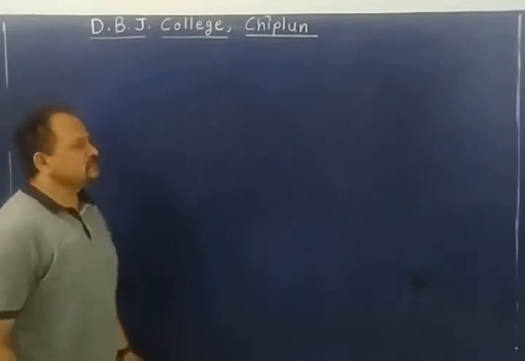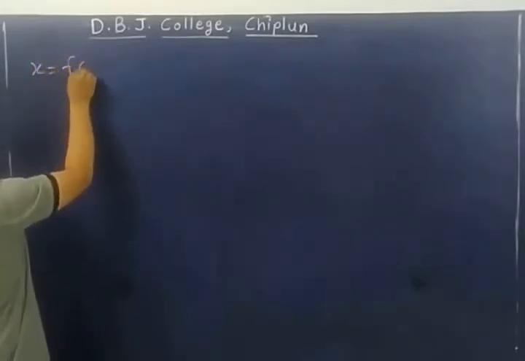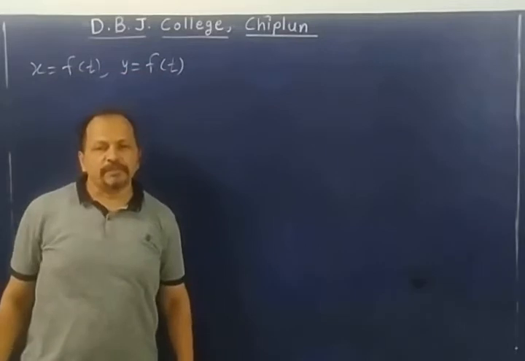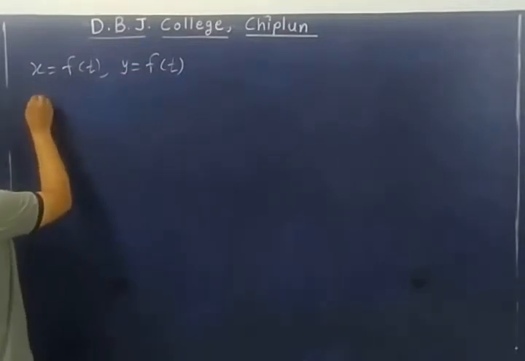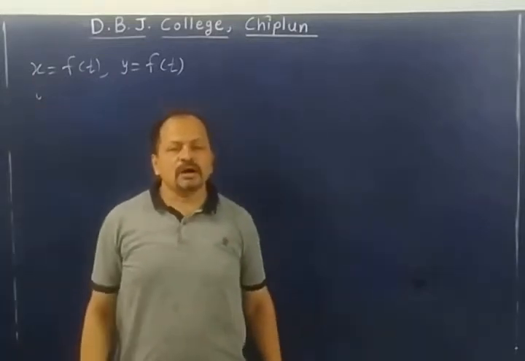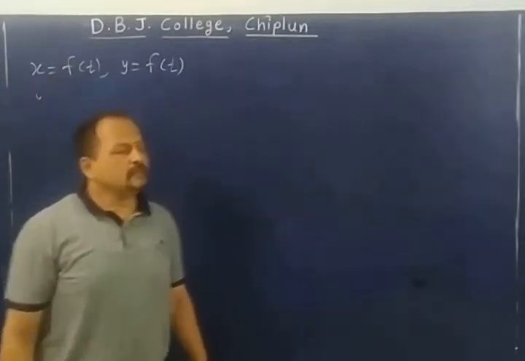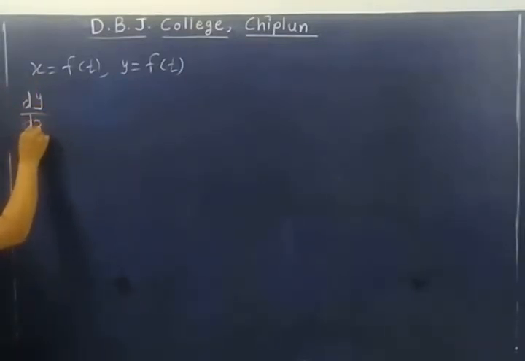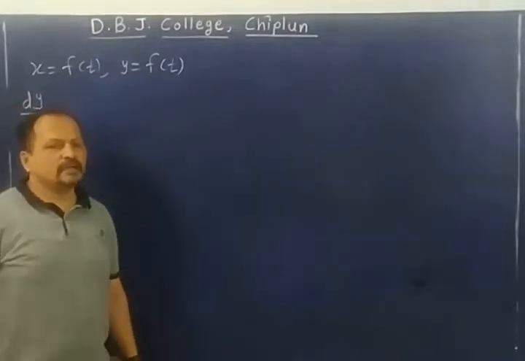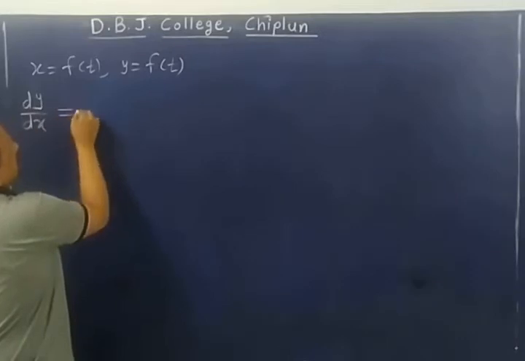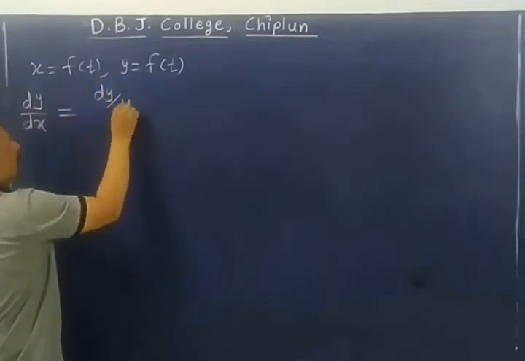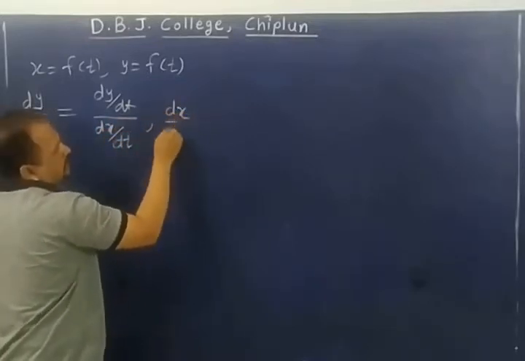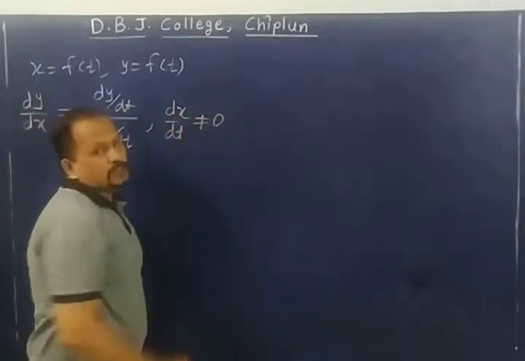The theorem states that if x is a function of t, y is also a function of t, where t is the parameter, and also x and y both are differentiable functions, then y is a differentiable function of x and dy by dx exists. dy by dx is equal to dy by dt upon dx by dt, provided this denominator dx by dt is not equal to 0.